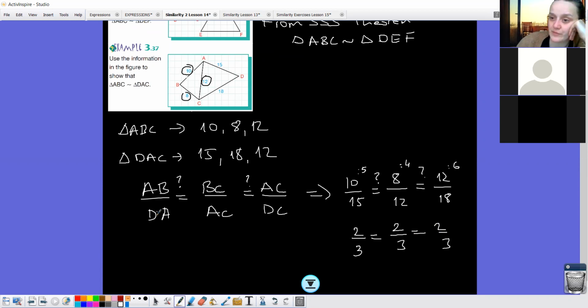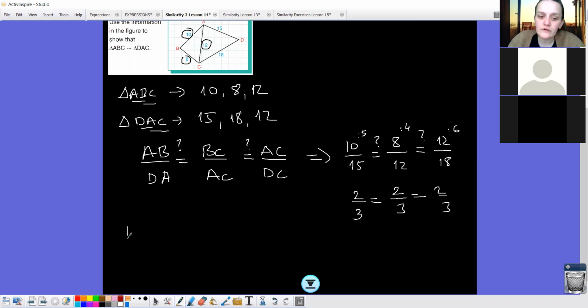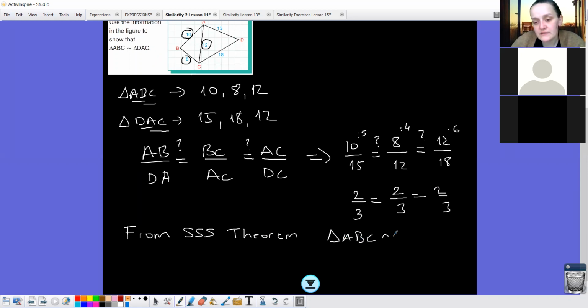I wrote this proportion how it was given: AB with DA, BC with AC, AC with DC, okay? And then we found that they are in proportion. So from the SSS theorem, triangle ABC is similar to triangle DAC. Okay?